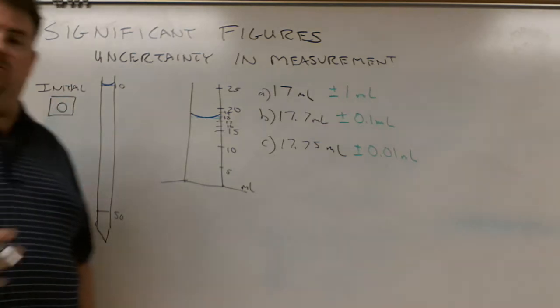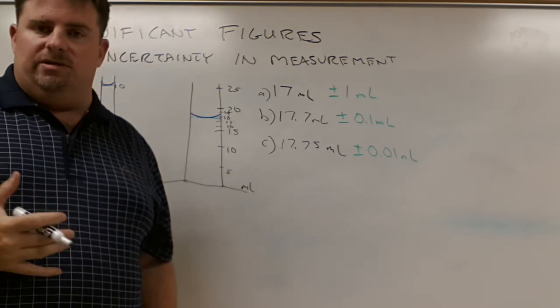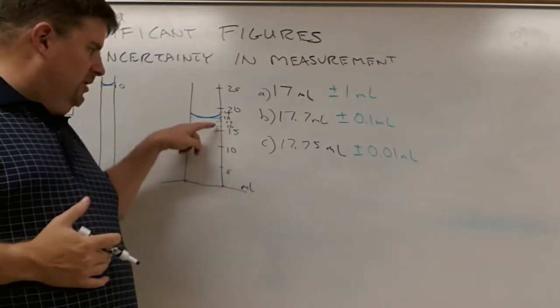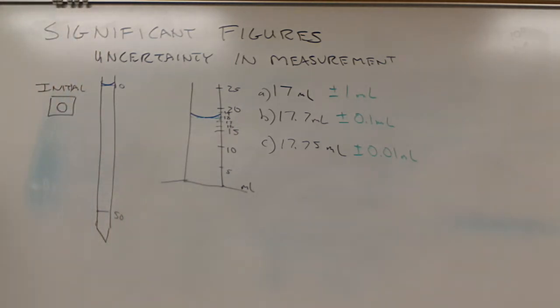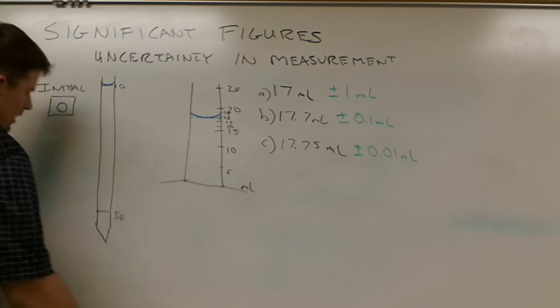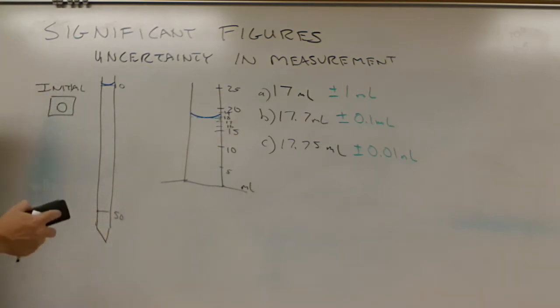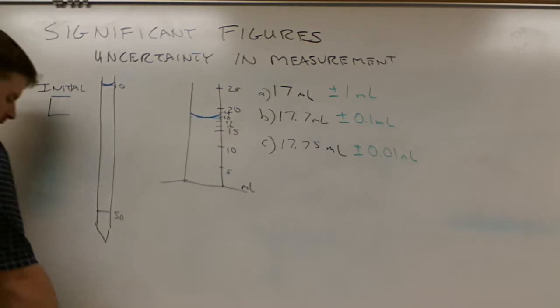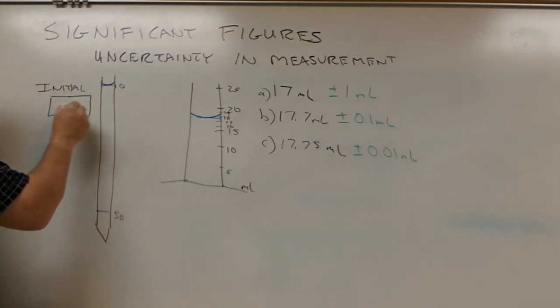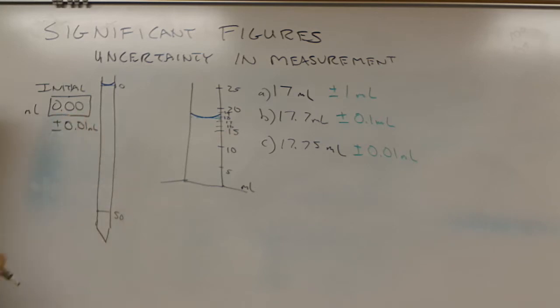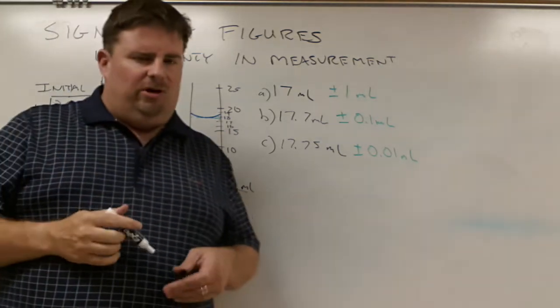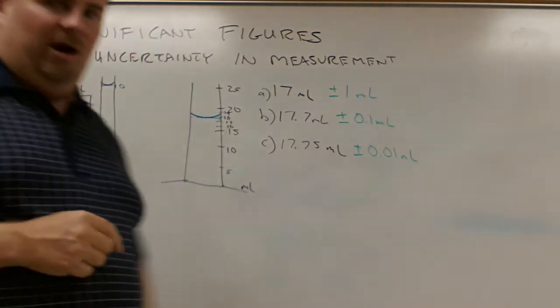Your initial reading has more significance than that, because the burette has these tiny little gradations inside of it. So you look at that and say it's not 0. What you end up getting is a loss of significant figures if you say it's 0. My initial reading that a scientist would write down would be 0.00 milliliters, and the uncertainty would be plus or minus 0.01 milliliters. That way we can describe how certain we are of that particular measurement, based on how good our eyes are.